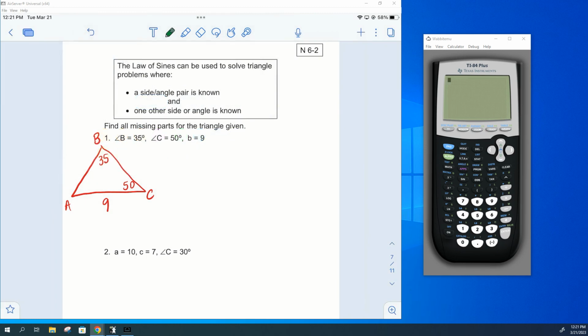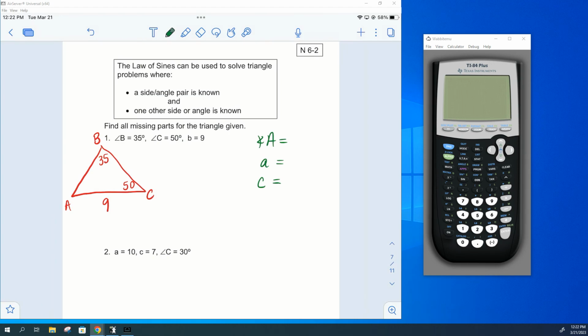Now, looking at what it's asking me, it says find all missing parts of the given triangle. So what's missing? Well, angle A is missing, side a is missing, and side c is missing. So I have to find all 3 of those things. And hopefully you look at it and go, yeah, angle A is real easy to find.